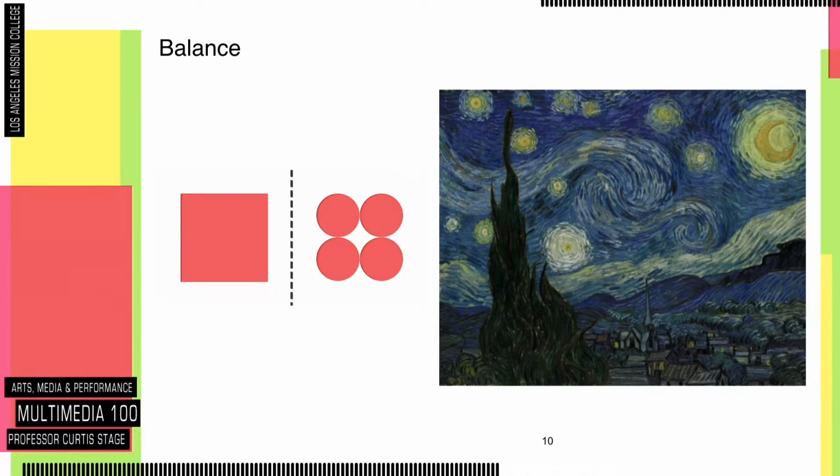Here we've got Vincent van Gogh's Starry Night, clearly an image that you're probably familiar with. And we've got this big tree structure that's happening on the left side of the image, town at the bottom. And all those stars and swirly things that are happening are smaller objects. So think about balance where you have multiple objects.